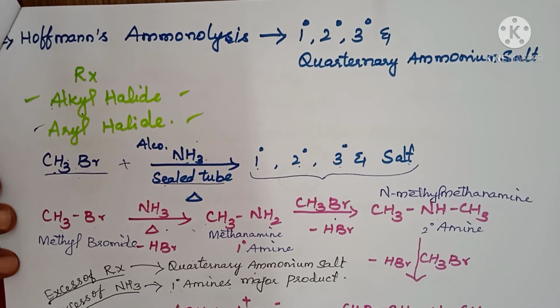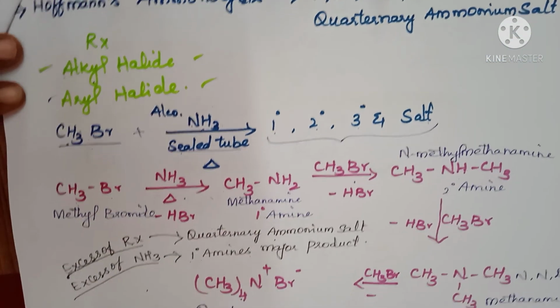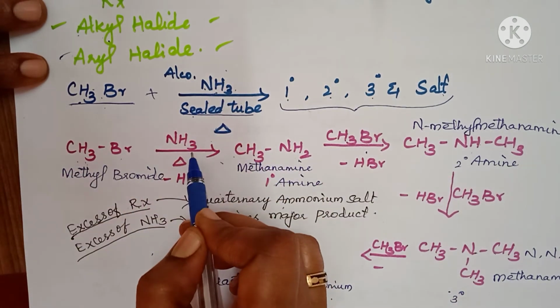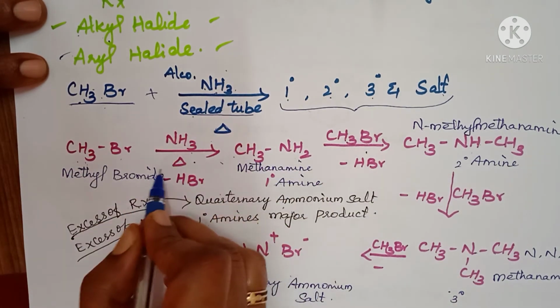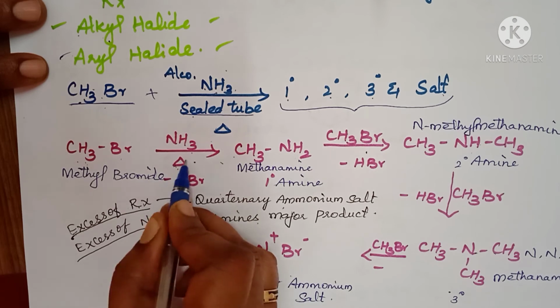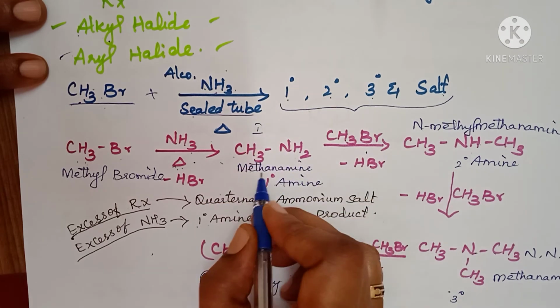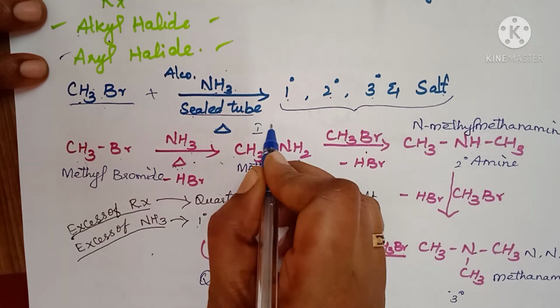Let us go to the reaction part. We take methyl bromide with ammonia in the sealed container and heat it. In the first step we get methanamine, that means primary amine.